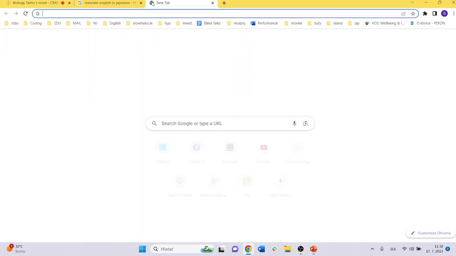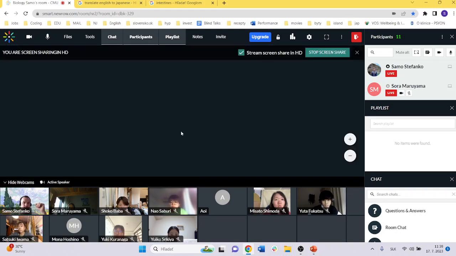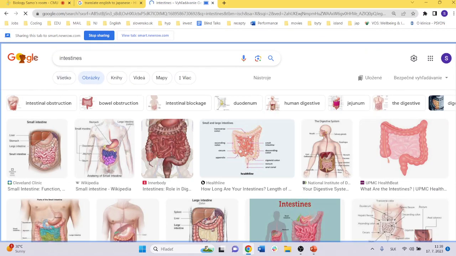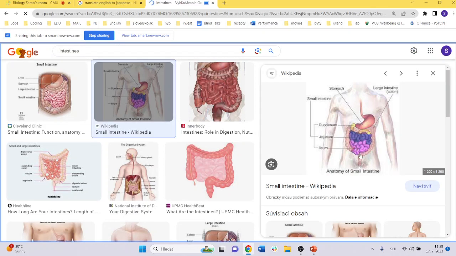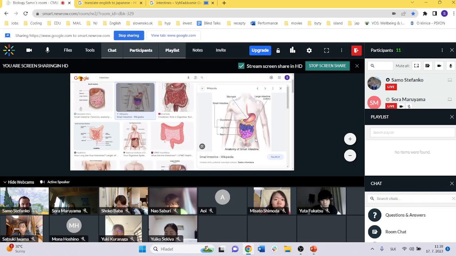Let me show you an analogy. I will share my screen. Another analogy of folding or using space much more efficiently is our digestive system, our intestines. You see here how the intestines are curved and folded. If you had only a linear intestine, it would be about 6 meters long.